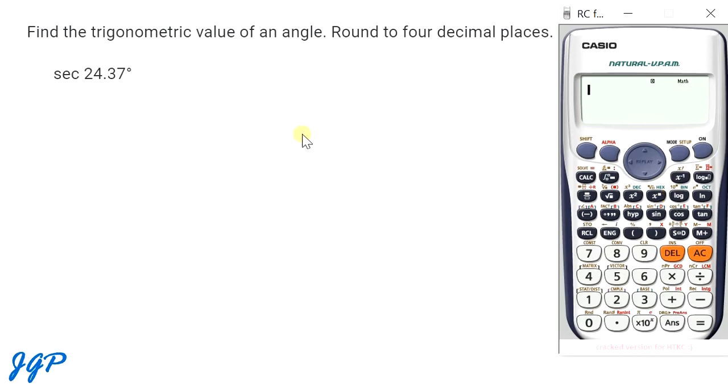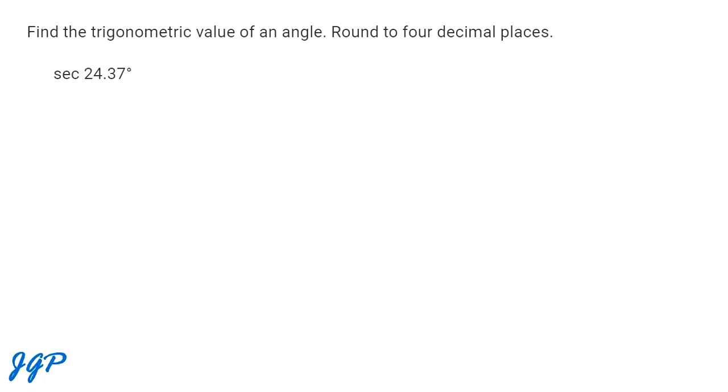So, for this one, we have secant 24.37 degrees. Hindi tayo pwedeng diretsong gumamit ng scientific calculator. So, since ang secant ay reciprocal function ng cosine, you can write this one as the secant theta is equal to 1 over cosine theta.